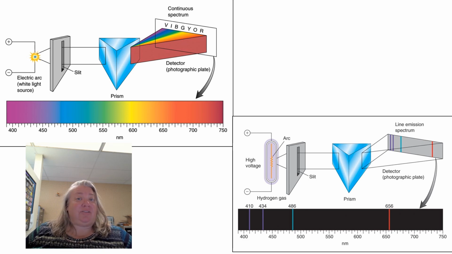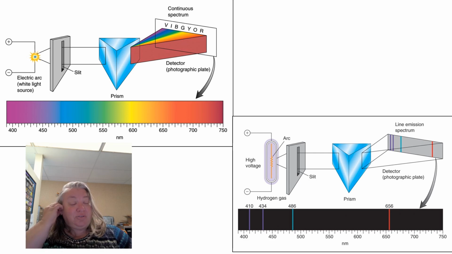But we're not necessarily going to be looking at white light or light from our sun. What we're going to be doing is looking at light that is produced by different elements. So the bottom is called a line emission spectrum, line emission. Here in this tube, we have hydrogen gas. We excite it.